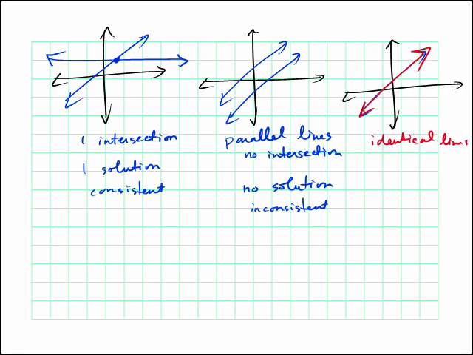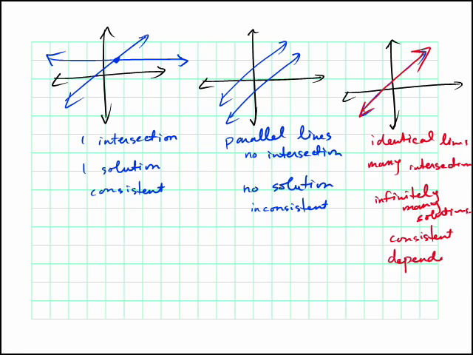And so they have many intersections, and therefore you would have infinitely many solutions. Since it does have a solution, it's got lots of them, we would say that this is a consistent system, but since the lines are identical, what we say is that they are a dependent system.